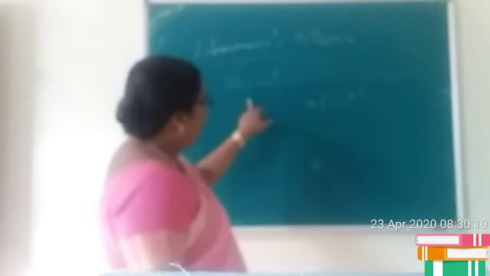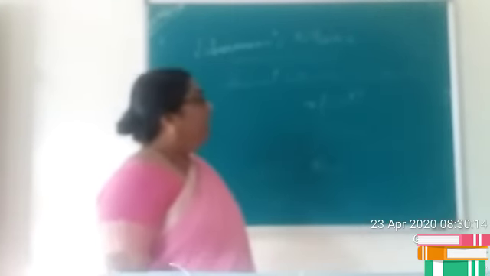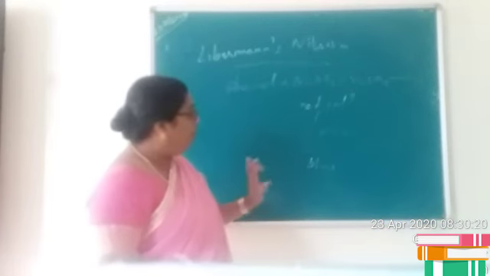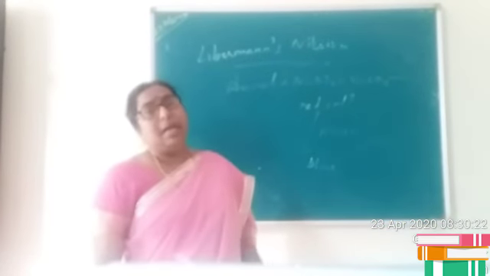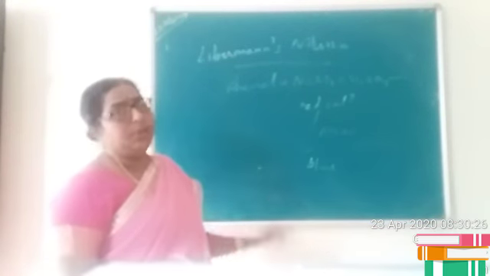Is it clear, children? When phenol reacts with sodium nitrite dissolved in sulfuric acid, you get a red colour solution, and this turns blue on reaction with sodium hydroxide. This is termed Liebermann's nitroso reaction.